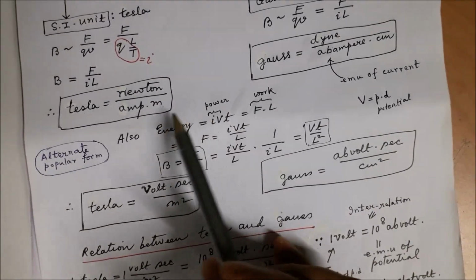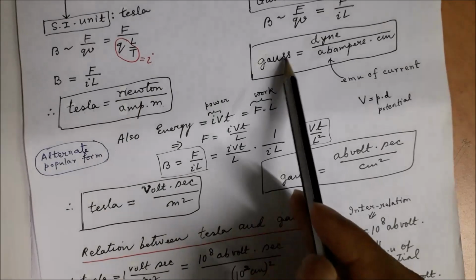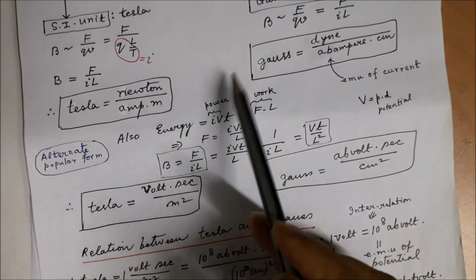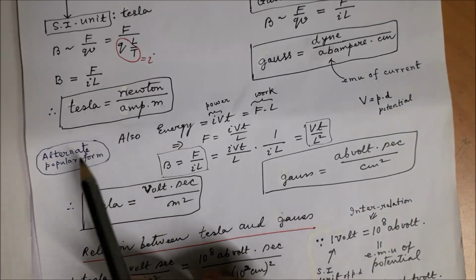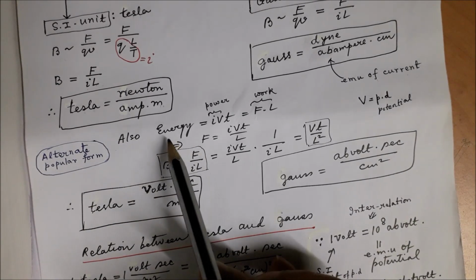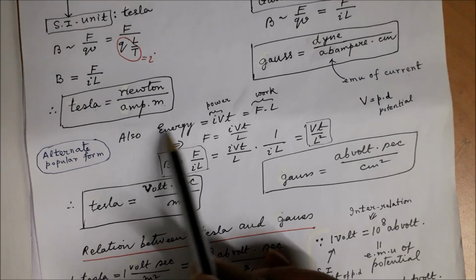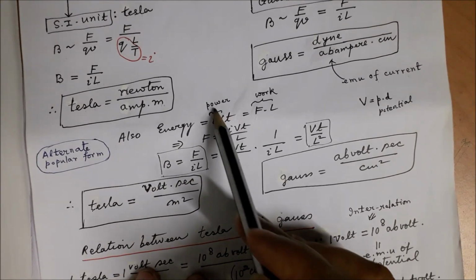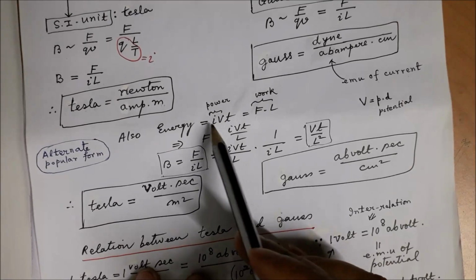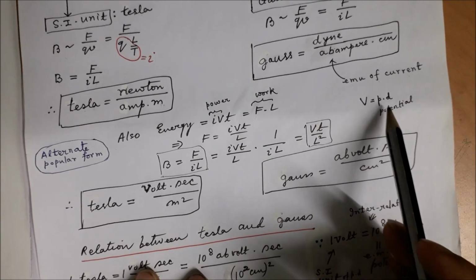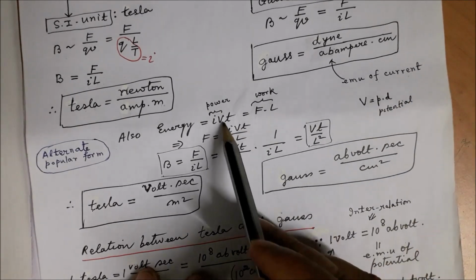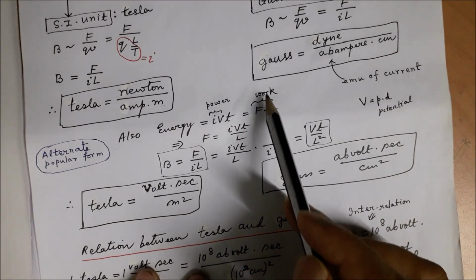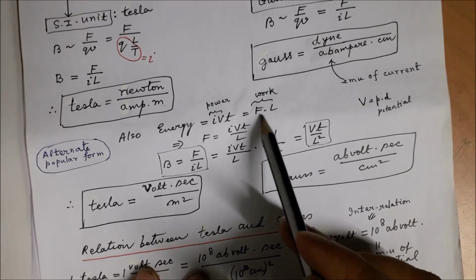There is another popular way to write Tesla as well as Gauss, and this alternate popular form follows from the expression of energy. Energy can be written as power into time, and power is I into V, I being current and V the potential difference. Also, energy is work, and work can be written as force into distance.